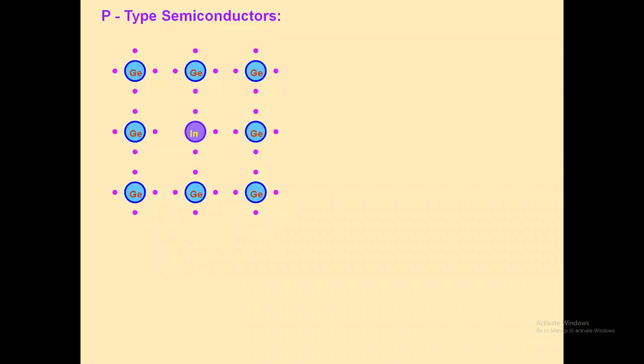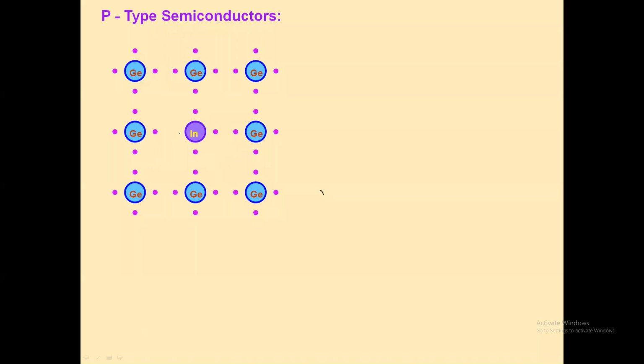When the trivalent impurity is added in the pure semiconductor, the 3 valence electrons of the indium atom will create 3 covalent bonds with 3 germanium atoms. But the indium atom does not have a 4th valence electron to complete the 4th covalent bond. So the 4th covalent bond is incomplete.